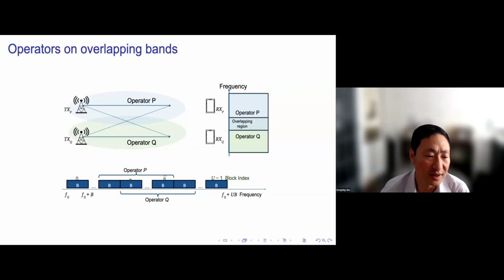Operator P is generally not interested in the data of the other operator, and in fact will generally not be able to decode the data, but it will wish to decode the operator's ID. So that's the question. Next page, please.